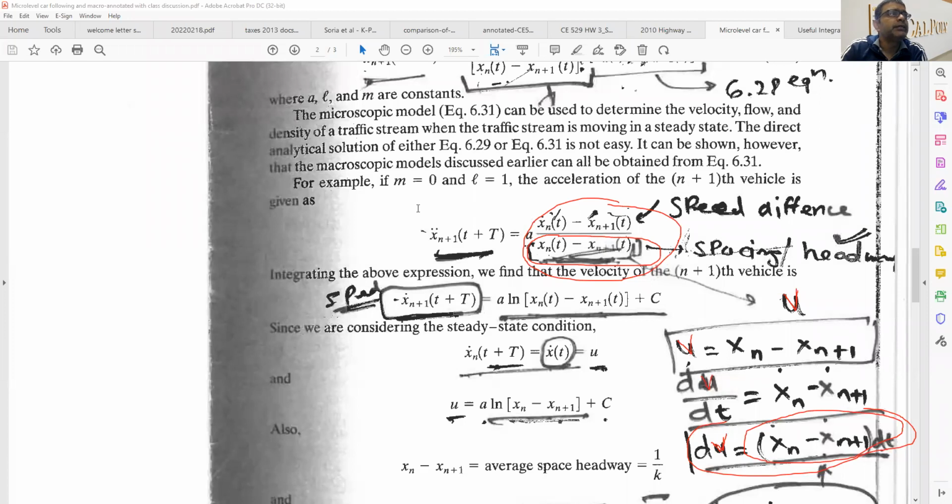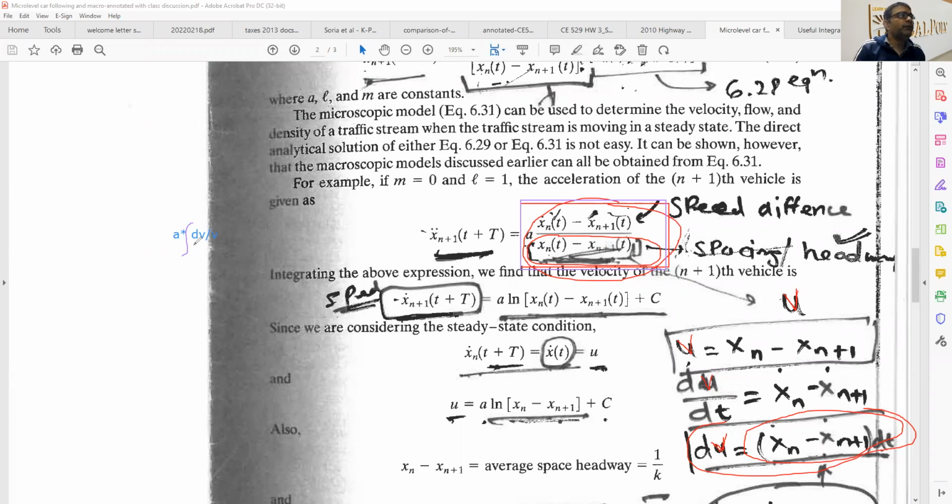Instead of this whole expression, on the right-hand side only, I'm going to get a times dv over v, and I'm going to integrate this expression with respect to v.